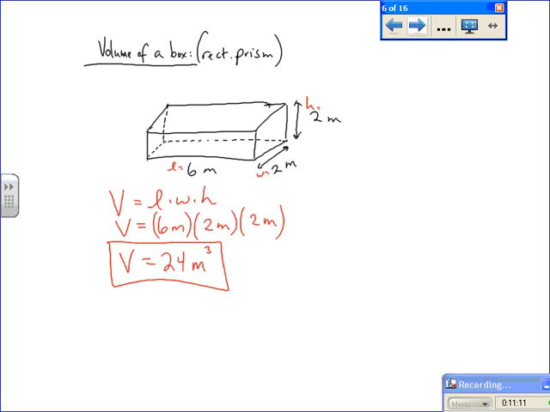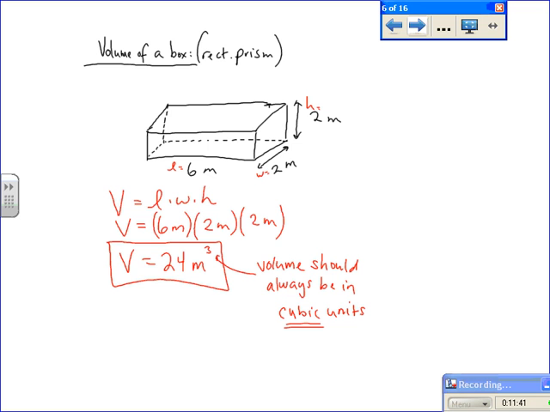Make sure that always when you're reporting volume, your units are cubic units. So volume should always be in cubic or cubed units. We should always have that little 3 up on top. This is called a superscript, and it's showing that the meters has been cubed.